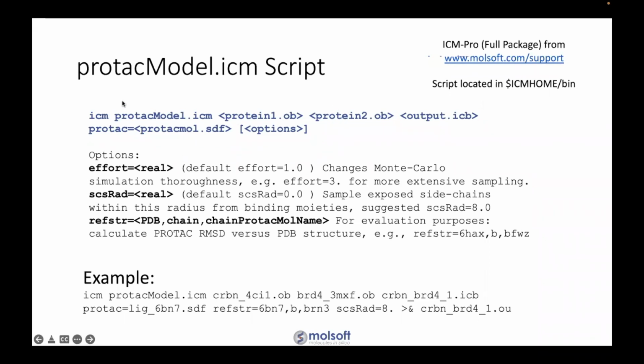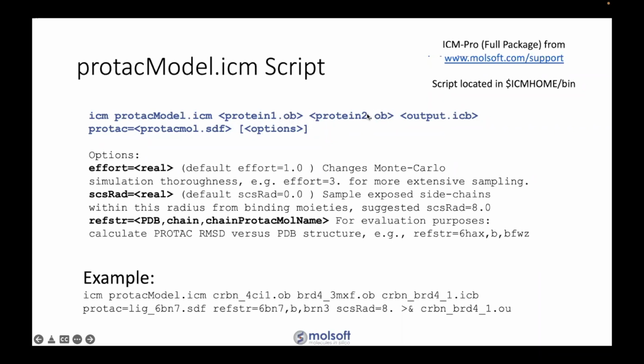So practically, to run the script, you call ICM, and then you call the modeling script, which we name PROTACmodel.icm. And then you need to have the target protein as an ICM object file, .ob, and the E3 ligase as an ICM object file.